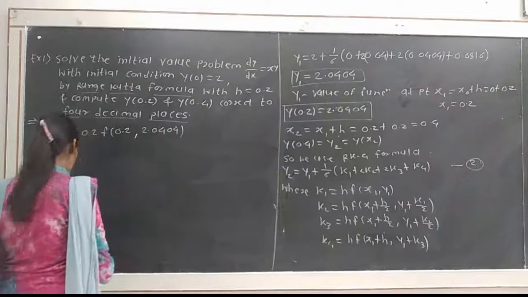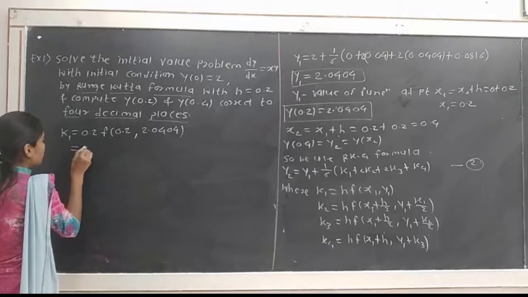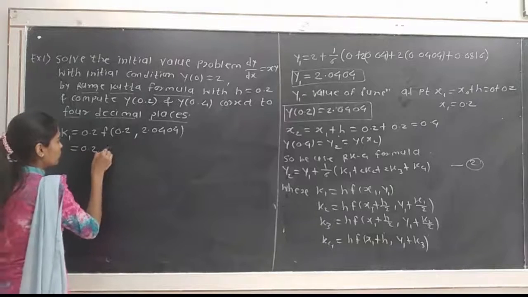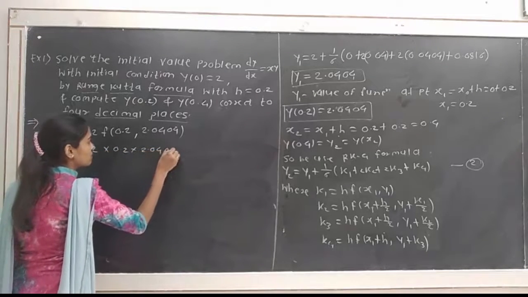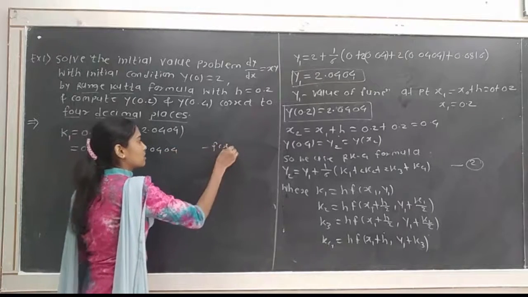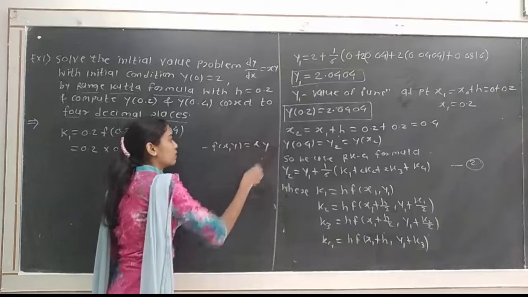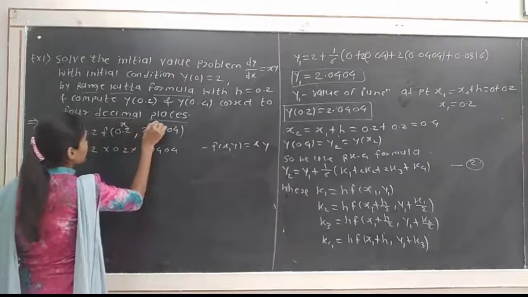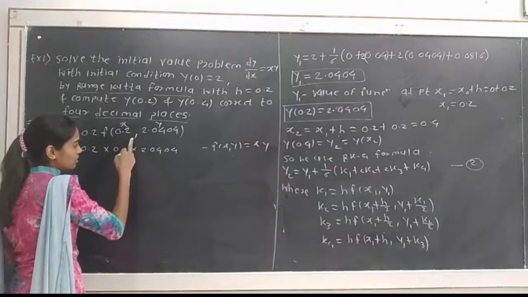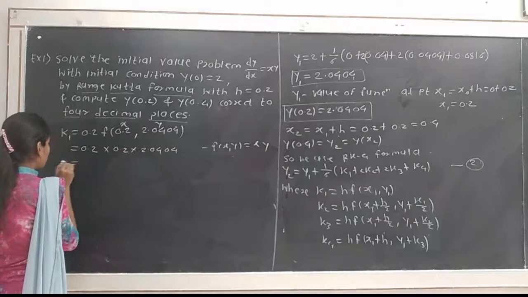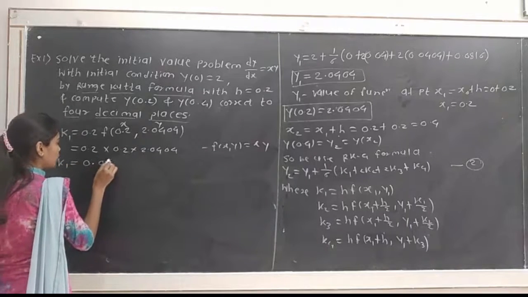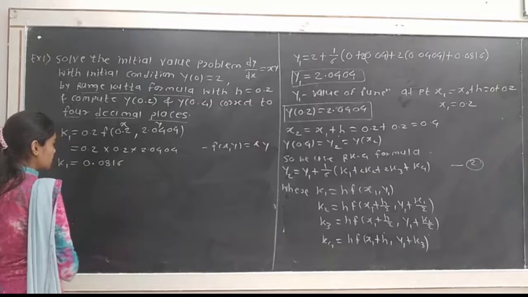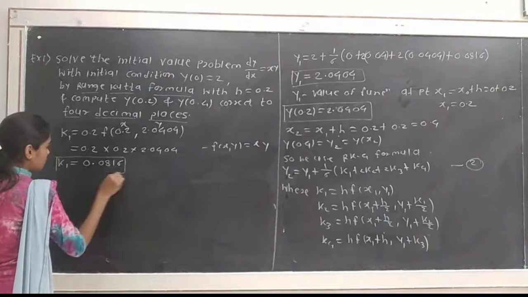So we have to get 0.2 into 0.2 into 2.0404, because the function f of x y is x into y, so this is the x point and this is the y point. After this calculation, the value of k1 will be 0.0816. Okay, so this is k1.